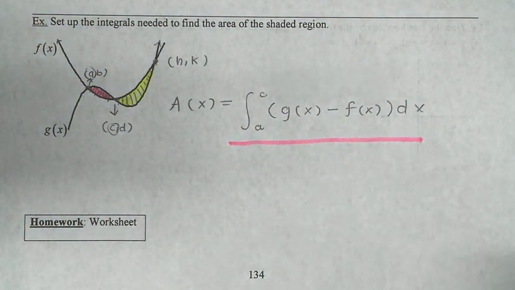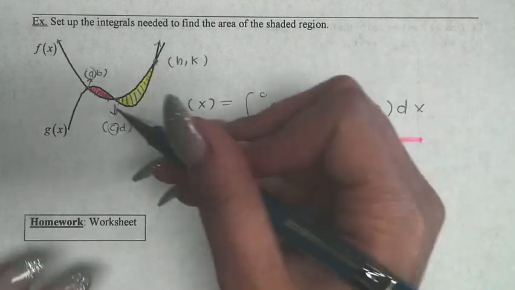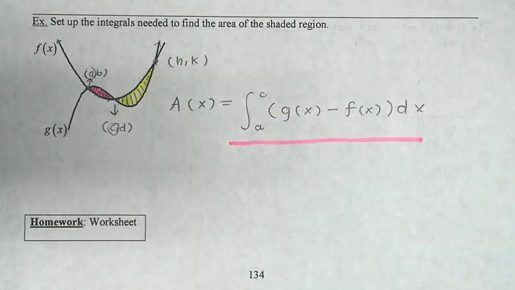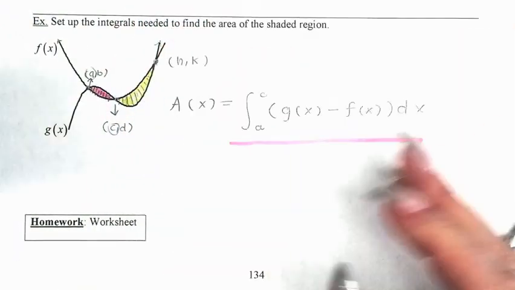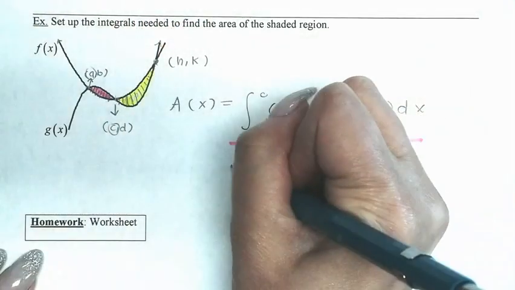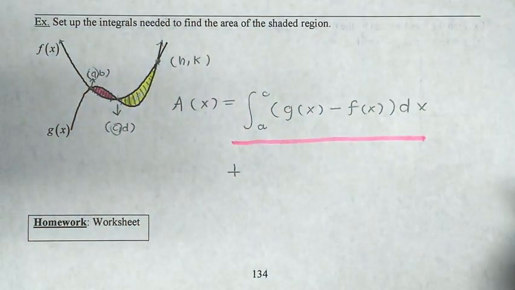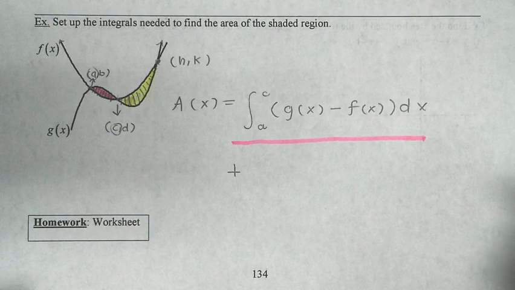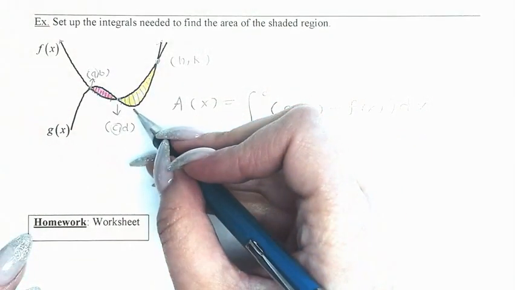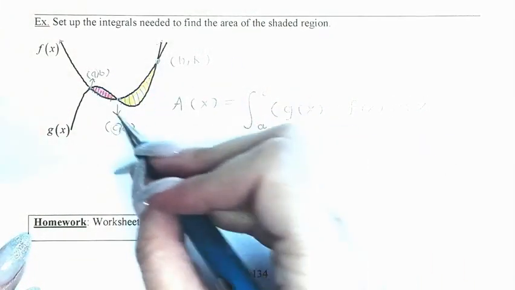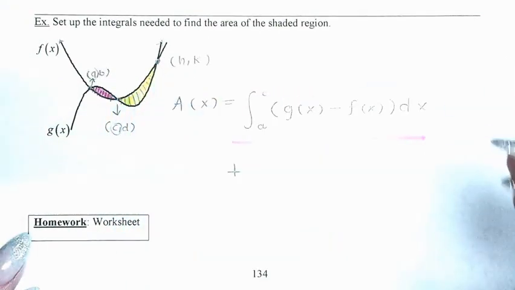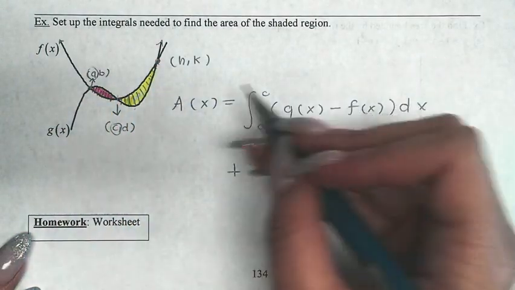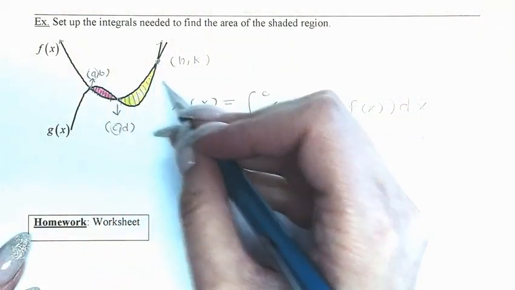But we also want the yellow part. They are telling you the area of the shaded region. Remember, even though both have different colors, everything is shaded. So you're going to do plus another integral. This integral, again, you do have top and bottom, but the situation here is that the top function, as you can see, is f of x, and the bottom function is g of x.